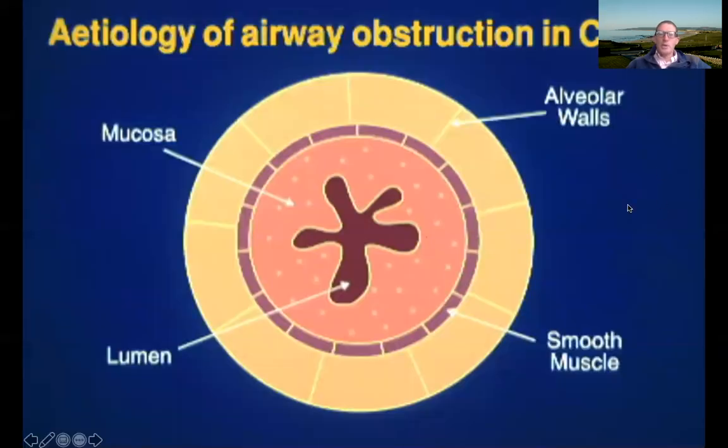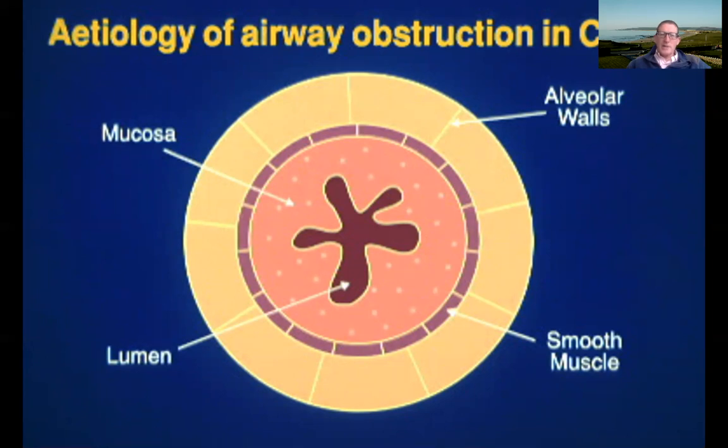If we think about the cause of airflow obstruction, this can equally apply to asthma or COPD. If we start in the lumen of the airway, which is shown here, the airflow obstruction can be caused by invagination from mucosal swelling, shown as the stippled area in the mucosa, and that will narrow the airway.